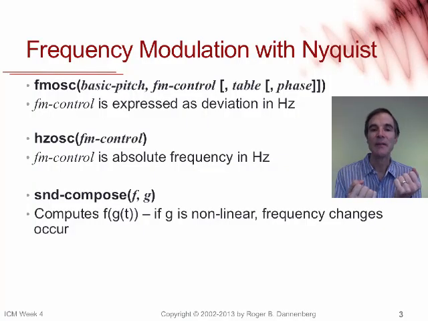So in other words, if the parameters are F and G, we're computing f of g of t, where t is time. And depending on what g is, you can achieve some very interesting effects, essentially speeding up and slowing down the time parameter that's passed into the function f. So we're going to use all of these in some exercises and then continue with more discussion of frequency modulation.